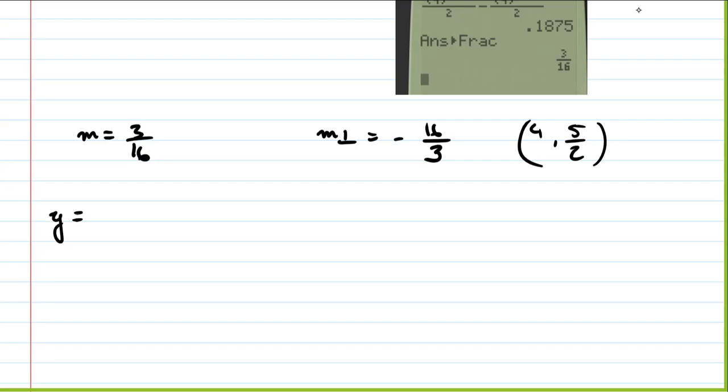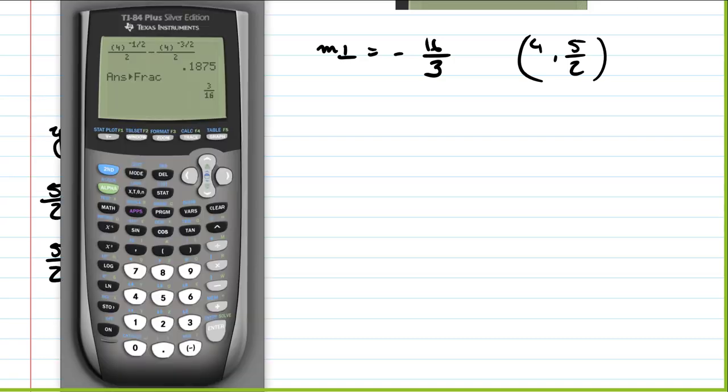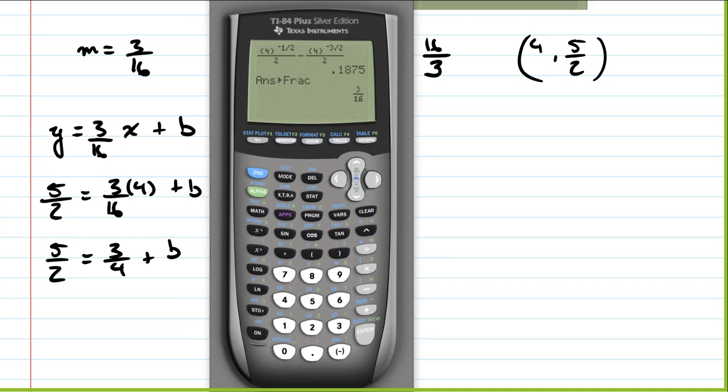So y equals 3/16x plus b, and we have 5/2 equals 3/16 times 4 plus b. 5/2 equals 3/4 plus b. And we can just do that here.